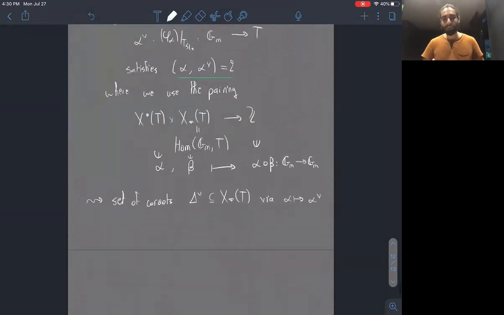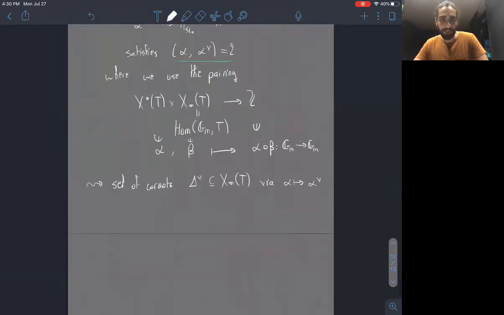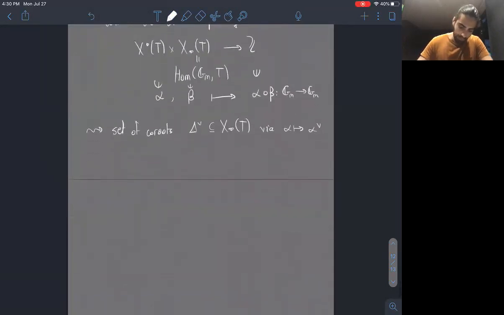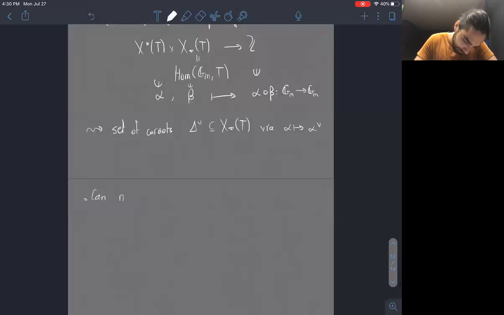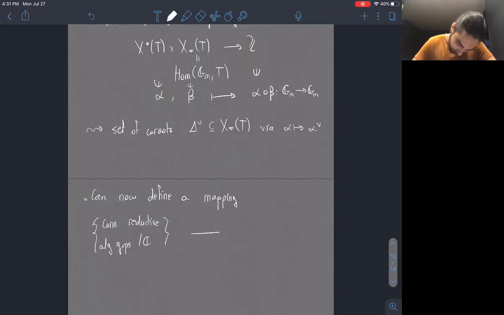And now we have enough combinatorial data to actually write down a translation of the classification of algebraic groups, the reductive ones, into a combinatorial question. So we can now define a mapping where I work with connected reductive algebraic groups over C, and a map to so-called root datum.